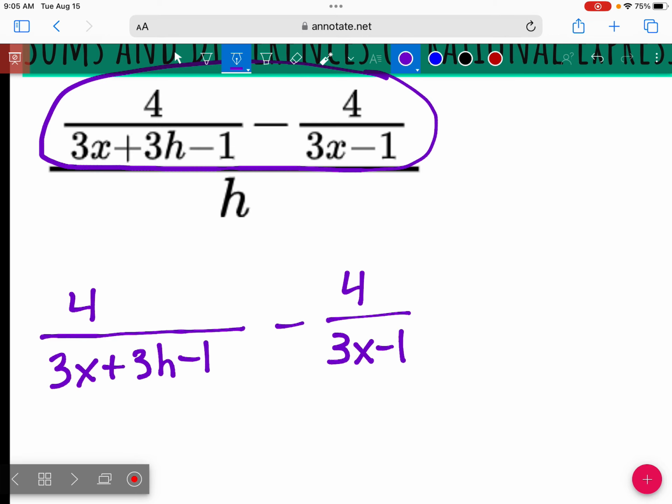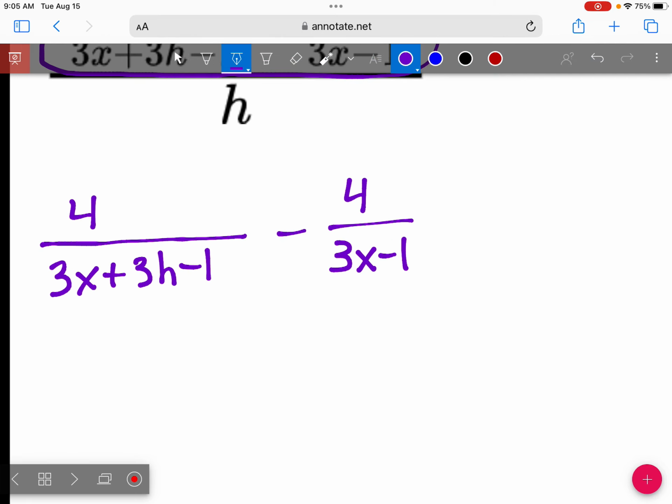What do we need to have to be able to subtract those two pieces? Common denominator. These denominators are kind of gross. So we're just going to take the whole chunks. This left one we need to multiply by 3x minus 1 over 3x minus 1.